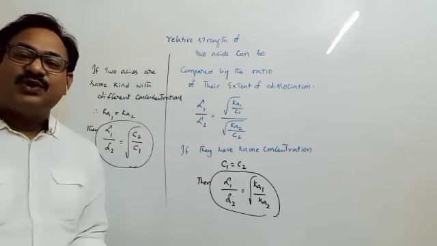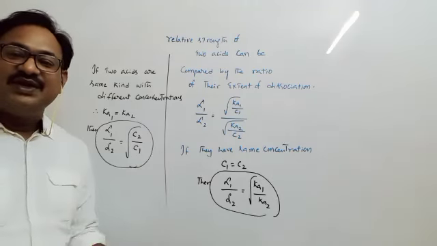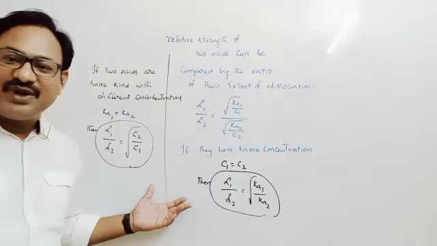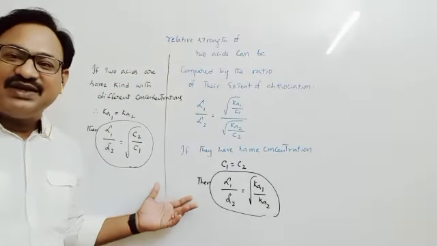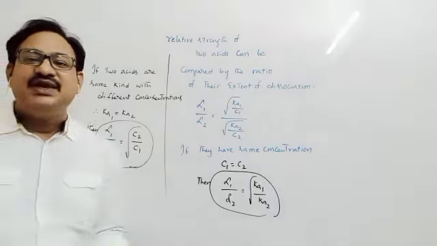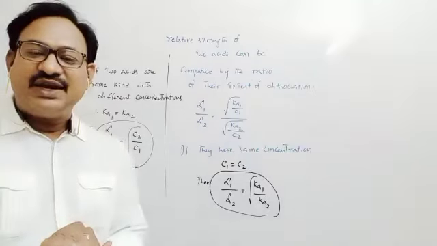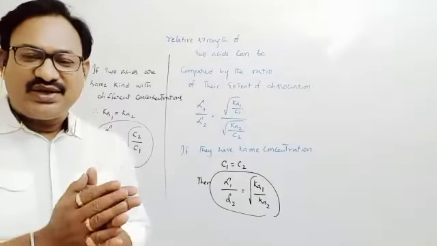Okay. So Arrhenius theory is completed. In the next class I will explain Bronsted and Lowry theory and Lewis theory. These theories are very important to understand strength.